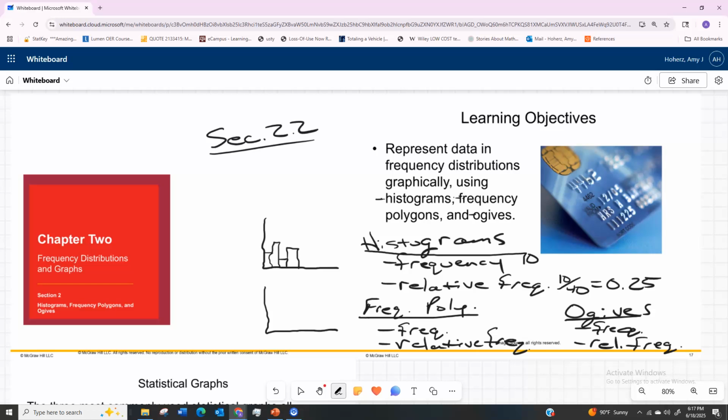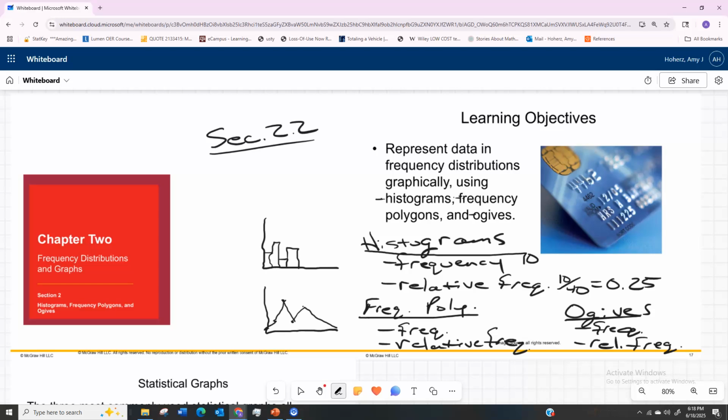Instead of having a bar that's up that high, you would have just a dot, and then another dot, and then another dot, and then you would connect those and make a line graph. Then we connect that back to the x-axis on both sides. We'll talk about how to do that, of course.